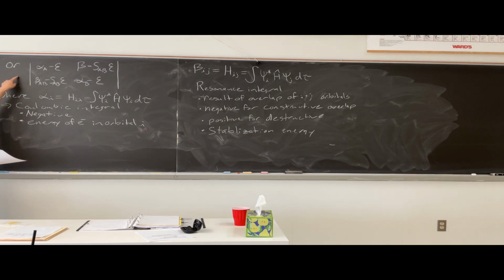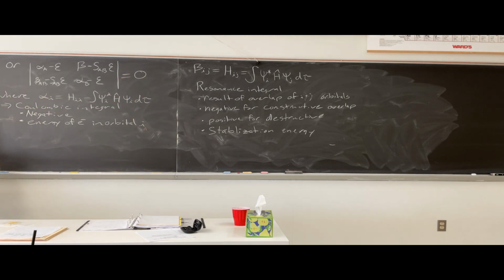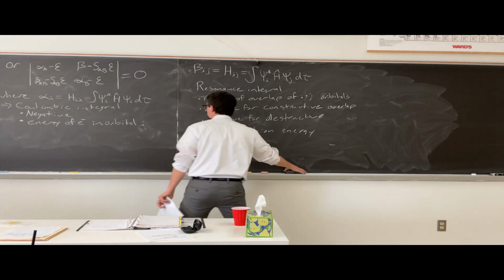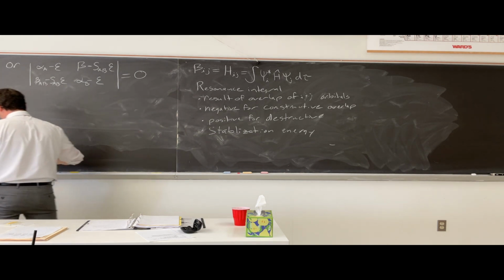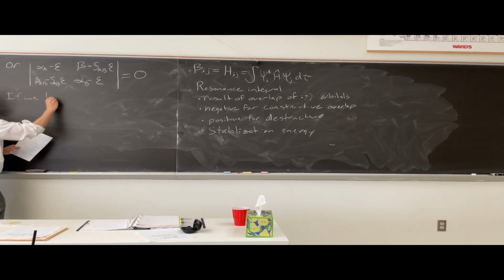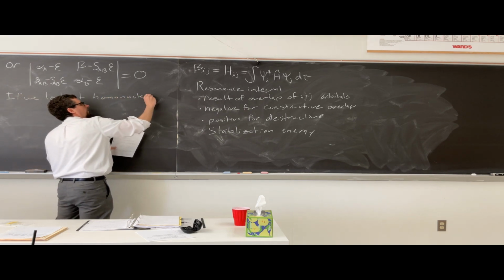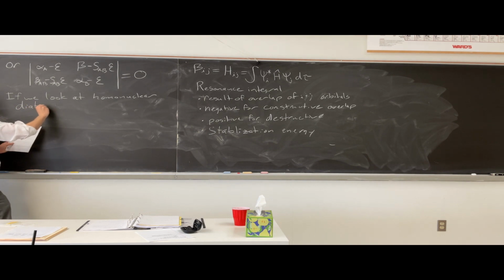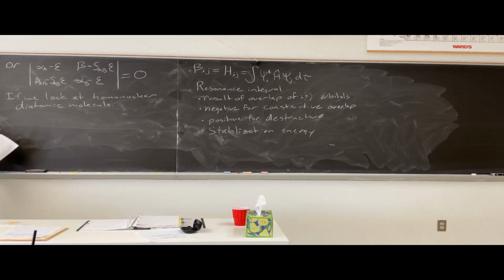What's this thing got to be equal to again, this determinant? Yep. If you go back to our system where we just had two orbitals interacting with one another, in a homonuclear diatomic, what's true about alpha A and alpha B?